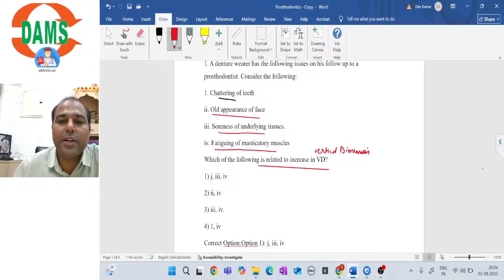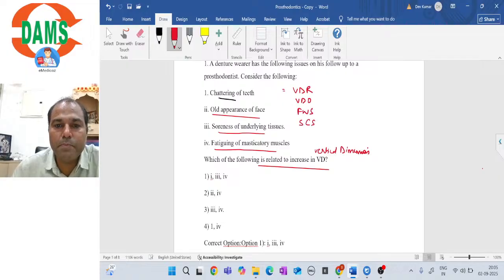Now we need to understand, in vertical dimension of occlusion there is something known as VDR, VDO, freeway space, and Silverman's closest speaking space. Four things you need to remember. So I always say that VDR minus VDO gives you freeway space.